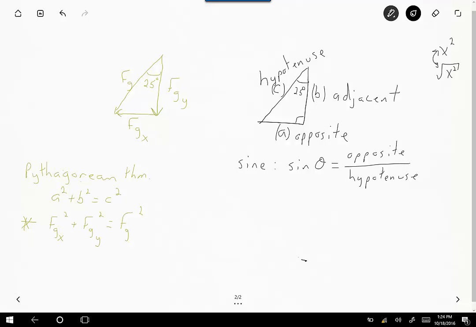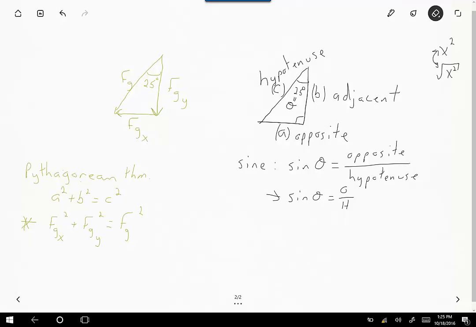Again, 25 degrees is our theta, and so sine theta is opposite over hypotenuse. Keep this in mind.